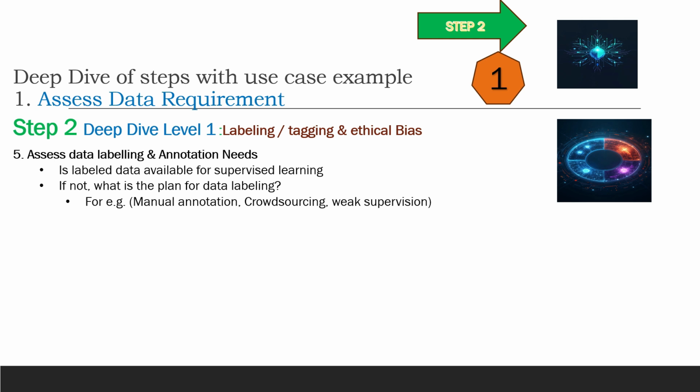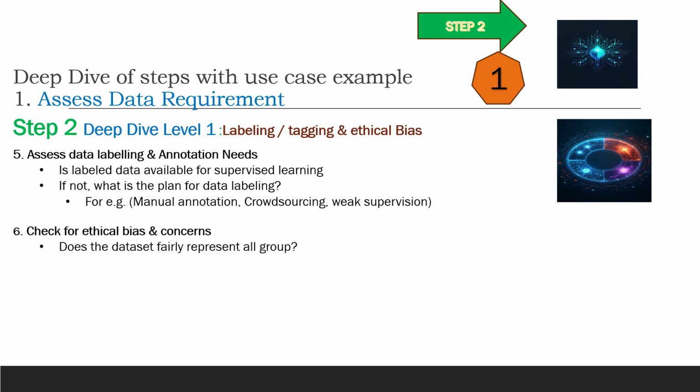It may tag an eel as a snake just because you haven't been able to train your model as strongly as you should, right? So if you have that gap, you must know the gap so that you can work on it. And finally, you're focusing on the ethical bias and concerns.